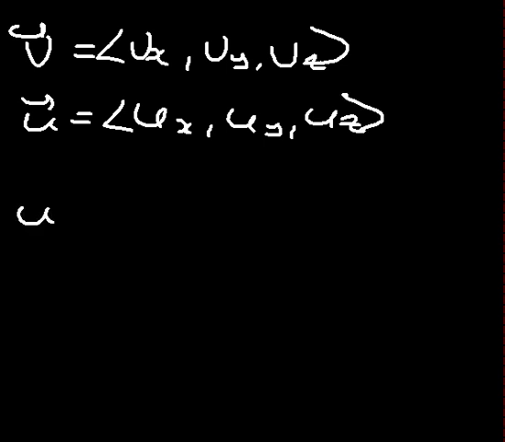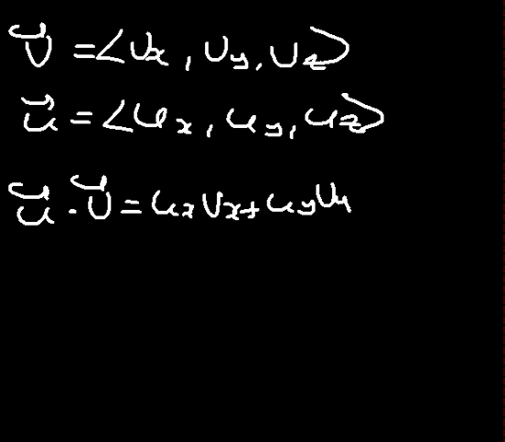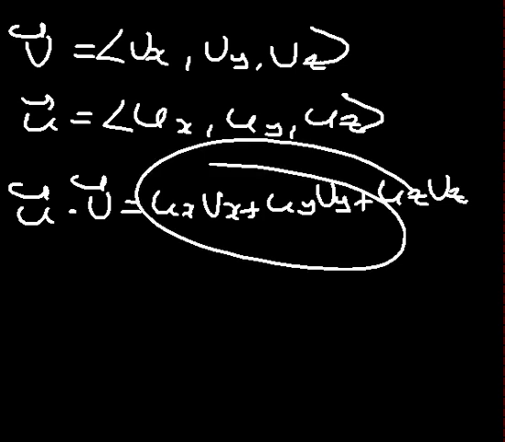According to the principle behind the dot product of the two vectors, this will be given as ux times vx plus uy times vy plus uz times vz. So this is the general form.